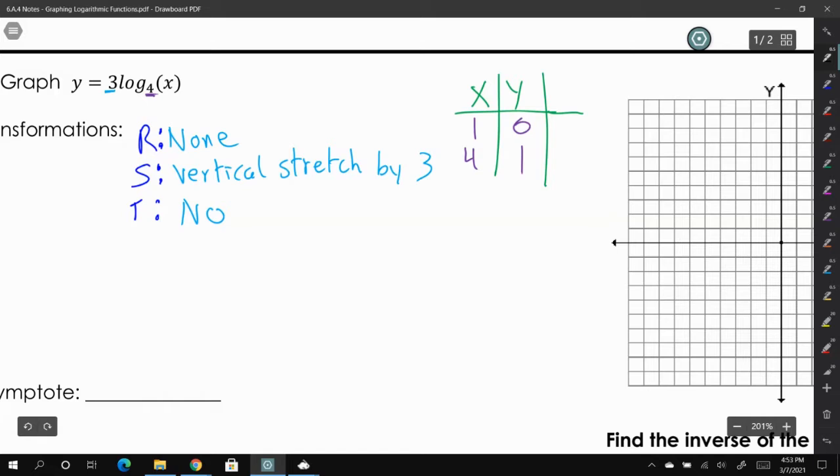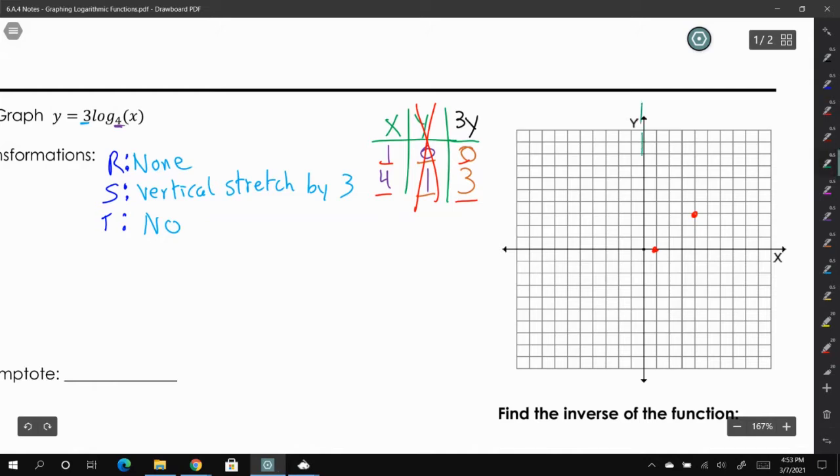In this case, it is 3. So we're going to multiply all the y values by 3. 0 times 3 is 0, and 1 times 3 is 3. So we're going to ignore that middle column, and we're going to graph 1, 0, and 4, 3.